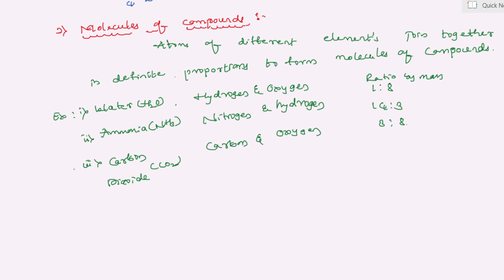And hydrogen sulfide, H2S. Combining elements are hydrogen and sulfur, ratio by mass is 1:16.